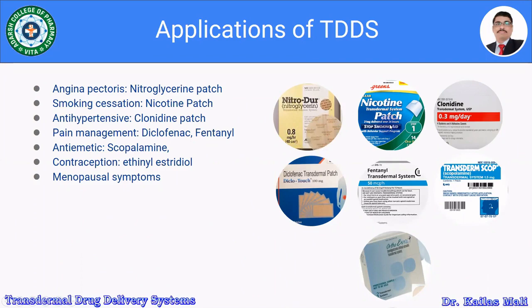The second one, the nicotine patch, nicotine transdermal system patch. It is used for smoking cessation. The third one, clonidine transdermal system. It is widely used as an anti-hypertensive, that is to reduce hypertension.